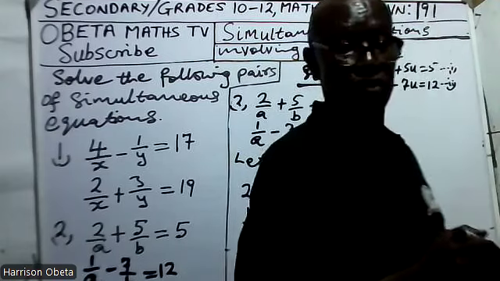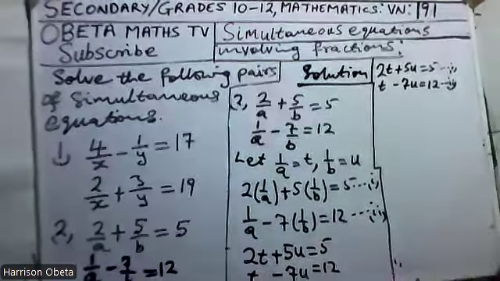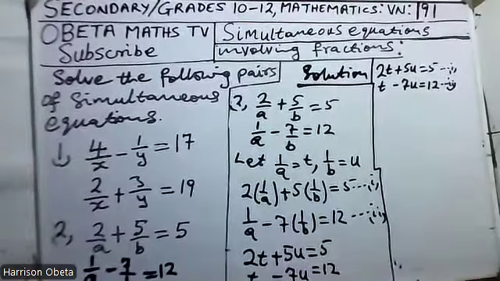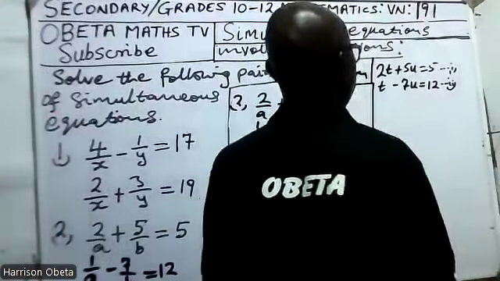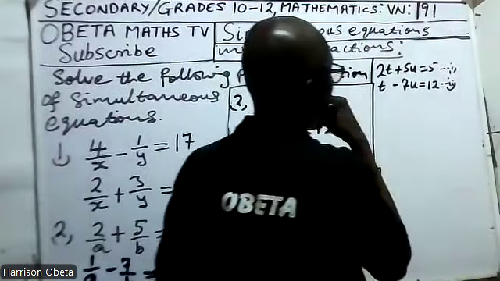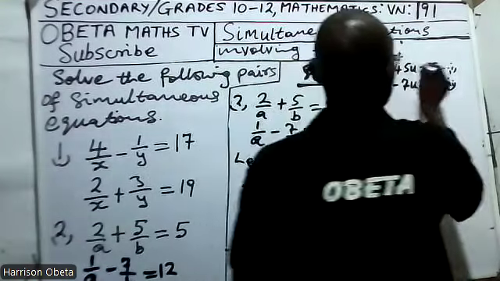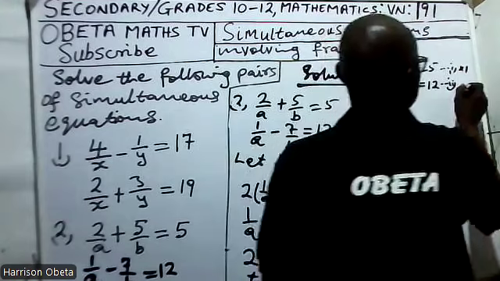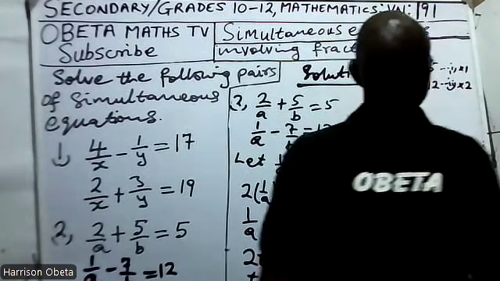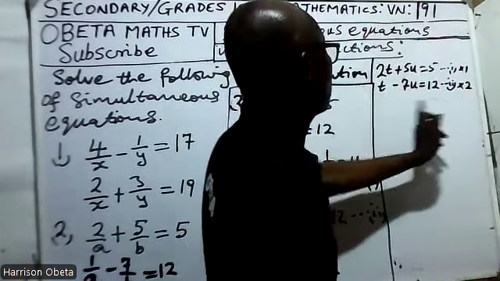So, to continue, we can make this to be the same. Multiply this by 1, multiply this by 2. That is equation 1 by 1, equation 2 by 2.